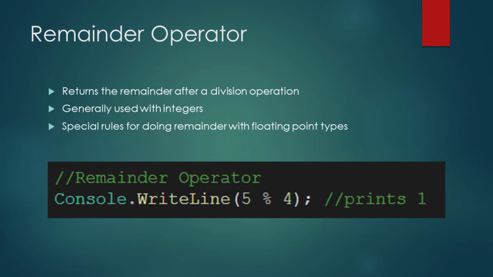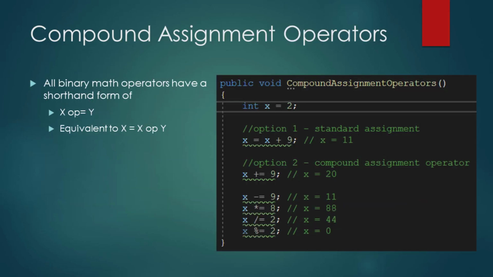So, now that you've seen how the operators work, let's talk about a shortcut for performing the binary operations known as compound assignment operators. For all of the binary operators, we have the ability to use a compound assignment operator to shorten the code we need to write. Let's say we have an int x that is equal to 2, and we need to add 9 to the value of x.